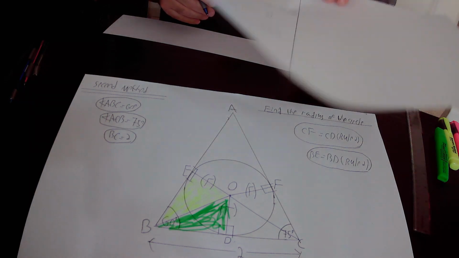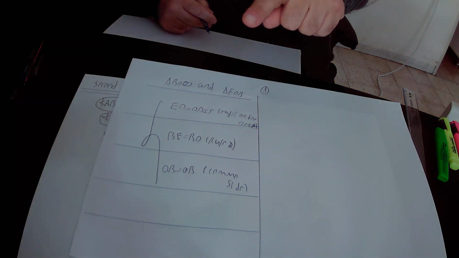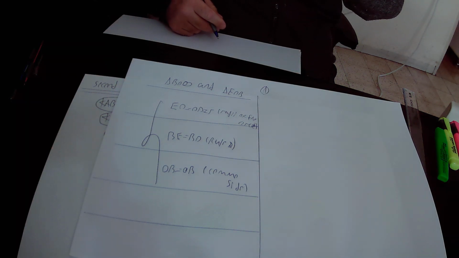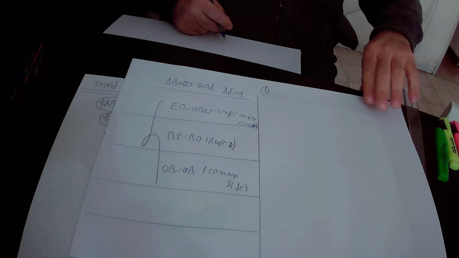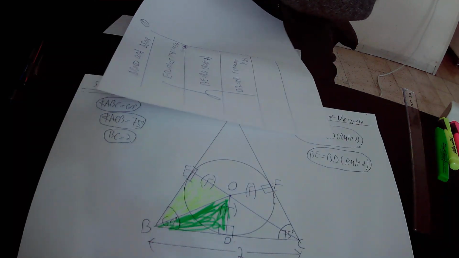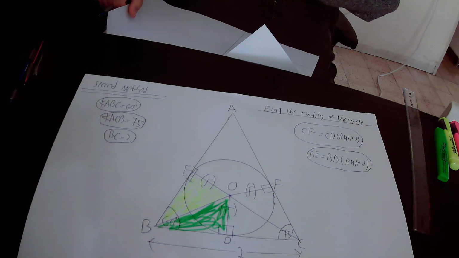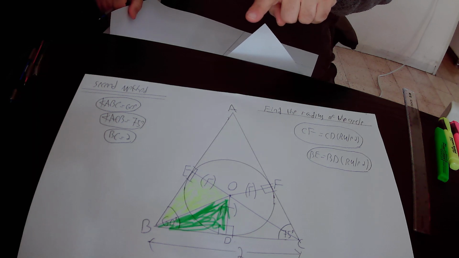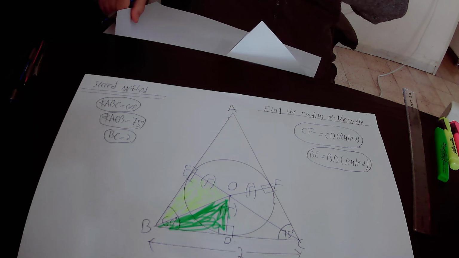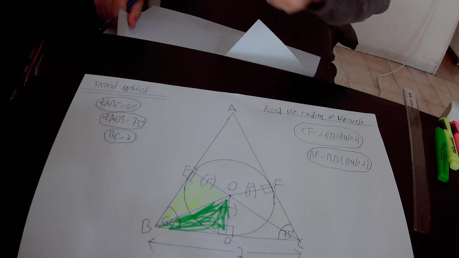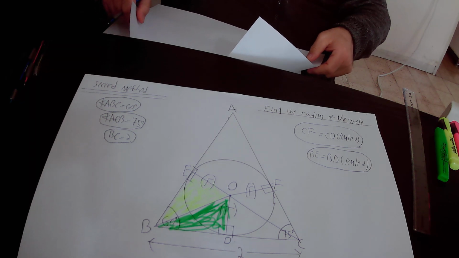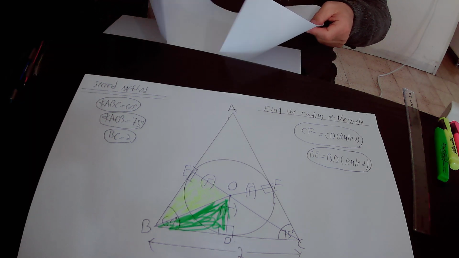OB equals to OB. So actually we prove that all the three sides of the yellow triangle are corresponding equal to all the three sides of the green triangle. Therefore proved that those two triangles can go into each other according to side rule.